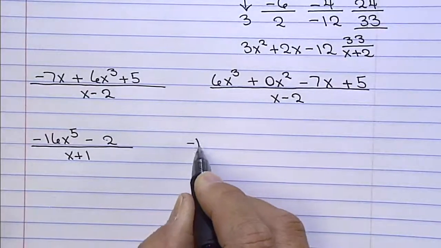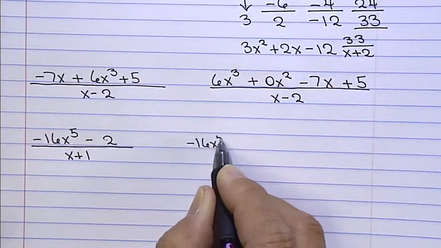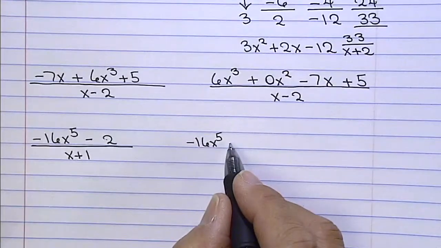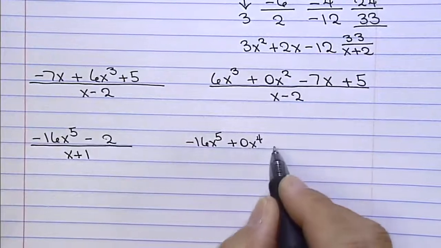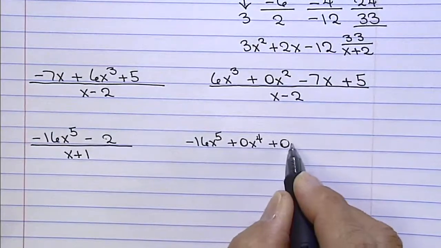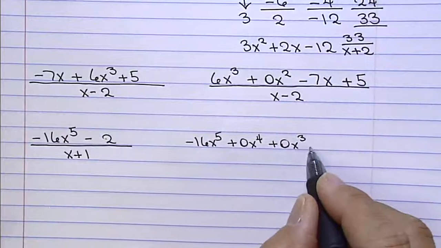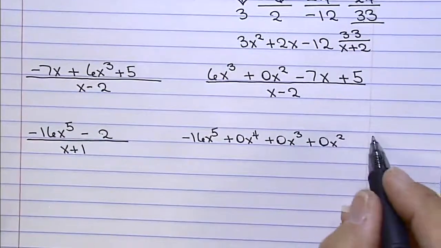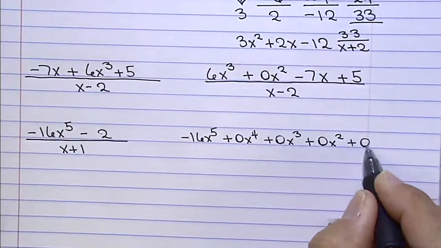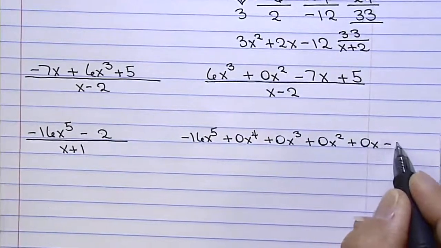Negative 16x to the 4th. What's the next term? 0x to the 4th. And the next term? 0x squared. And the next term? And finally, you see it?